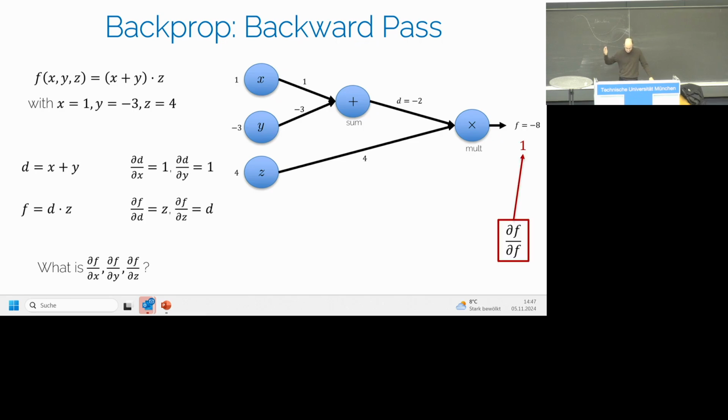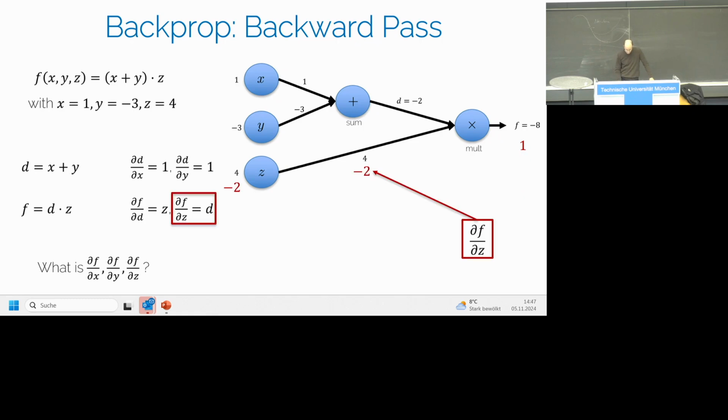And in practice, at the end we have f, so we start with df by df. This is always 1. And then we go back in this backward pass and ask, what is df by dz? That is d, and d, as you see, is minus 2. So we get minus 2 as the derivative of f with respect to z for the given set of entries, right?